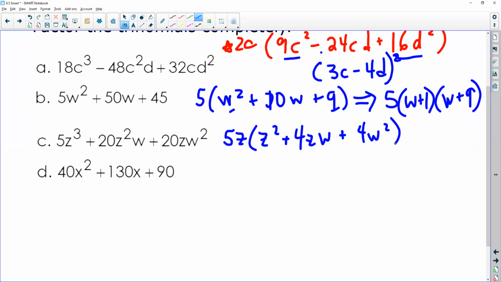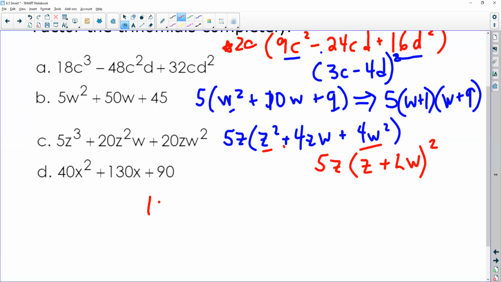And then I'm going to think about whether or not this is a perfect square, because z squared is, and so is 4w squared. So z times 2 times w would be 2zw, times 2 again. So this is a perfect square. 5z at the front times (z plus 2w), because this is a plus. That whole thing squared. All right. And then you do the last one.